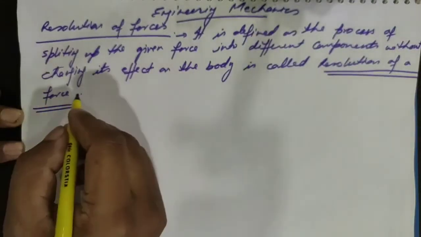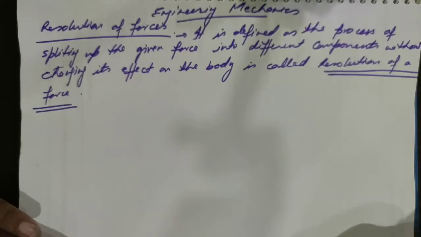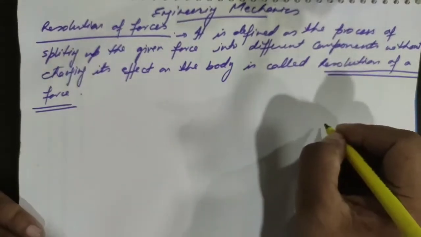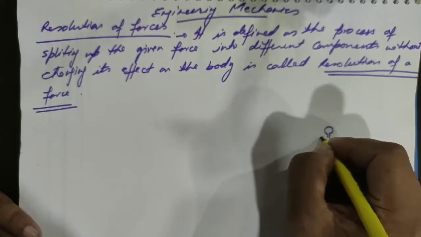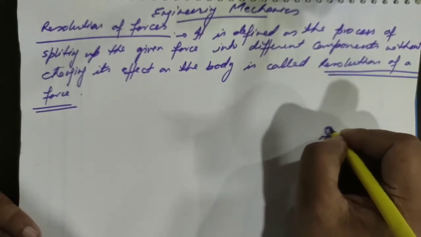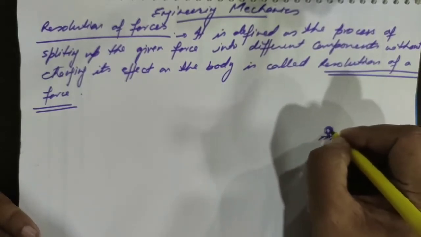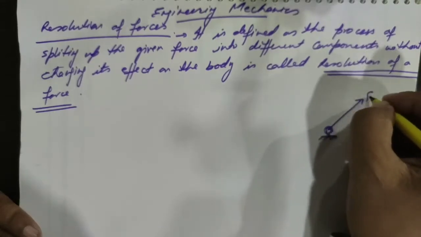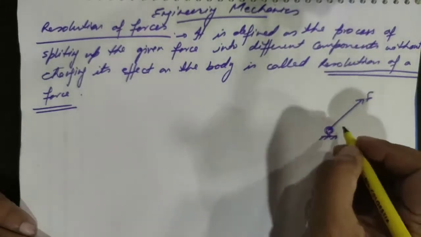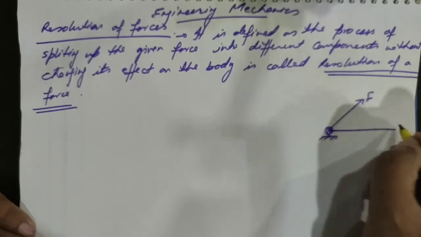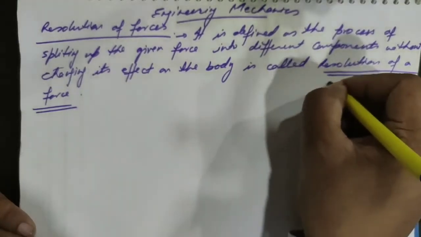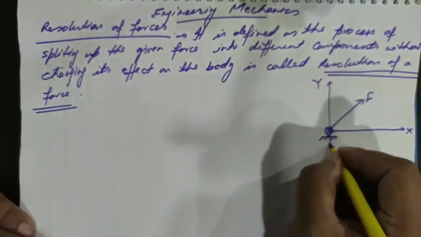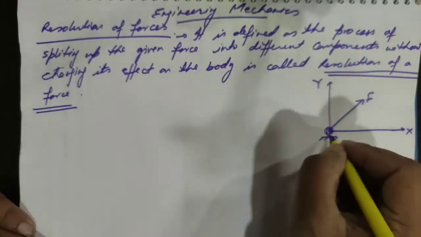So, say we have a body on which we apply a force F, and it makes an angle with the horizontal axis. The horizontal axis is x, and the negative directions are minus y and minus x.